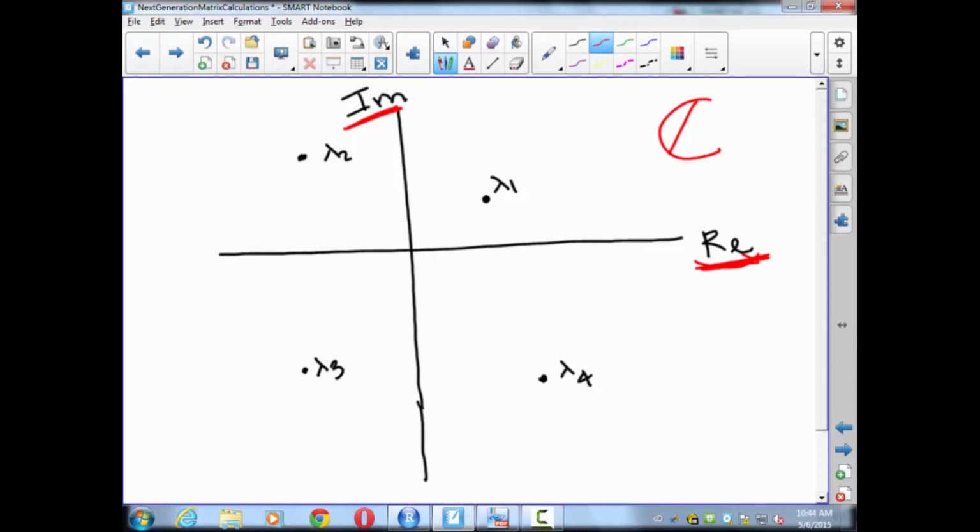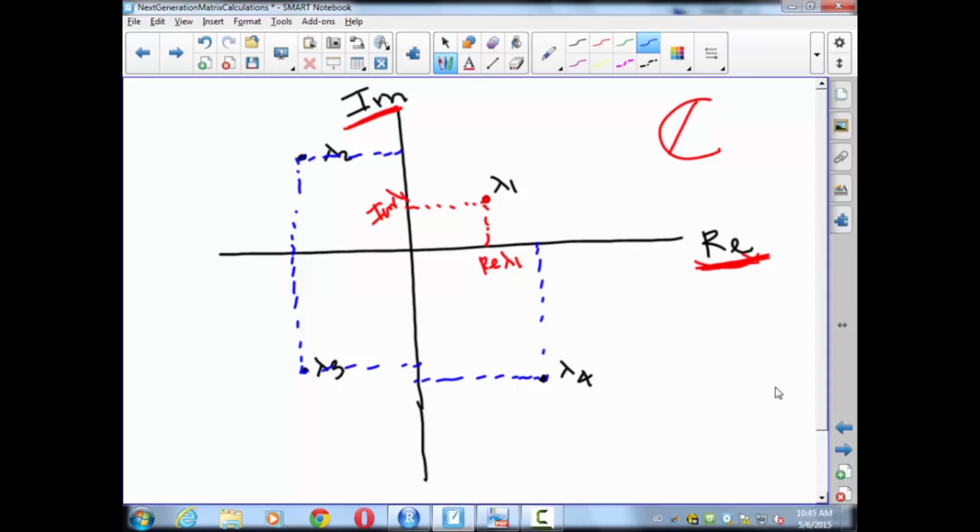So every element of this plane, for example here is lambda 1, has the real part of lambda 1 on the horizontal axis and the imaginary part of lambda 1 on the vertical axis. Every element of this plane has a coordinate on the real axis and another coordinate on the imaginary axis. Here's lambda 3, and here is lambda 4.